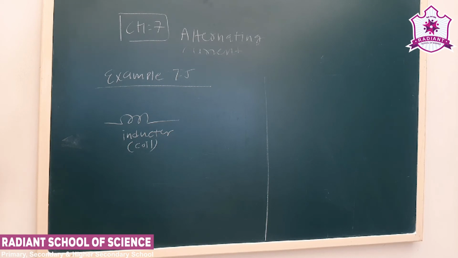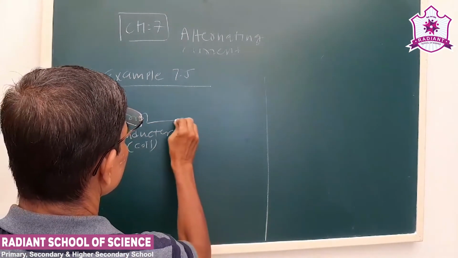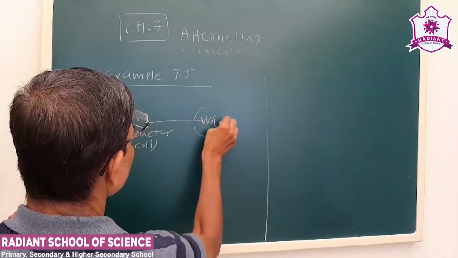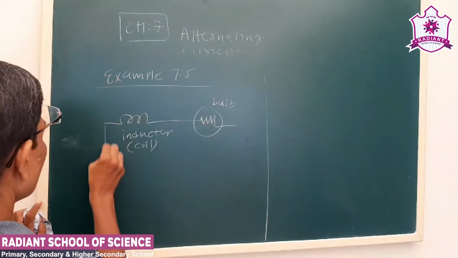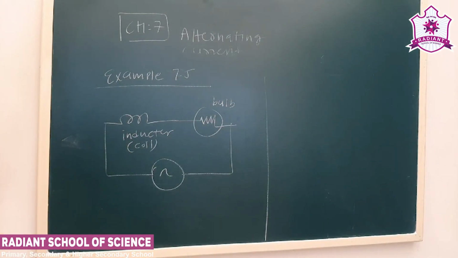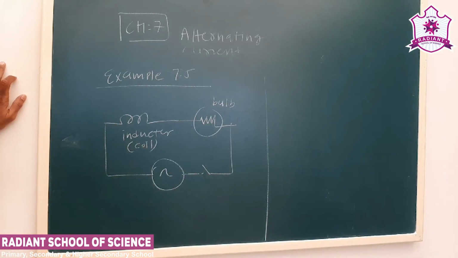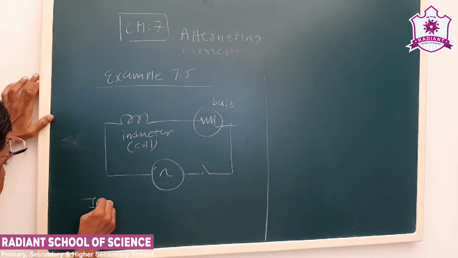The inductor is connected with the bulb. This is the conventional symbol that we have accepted. The switch is closed, and after some time an iron rod is inserted.